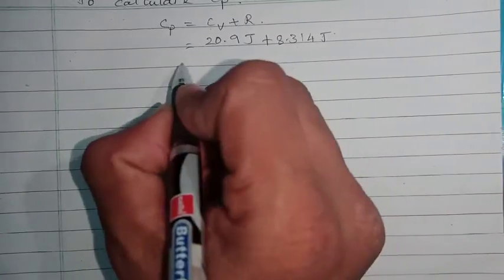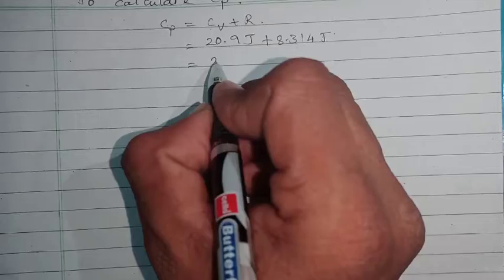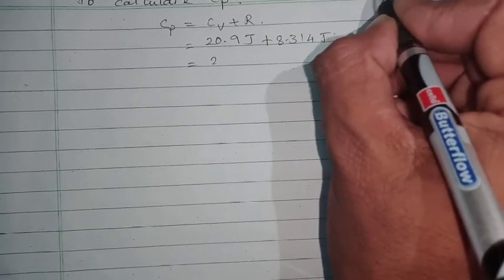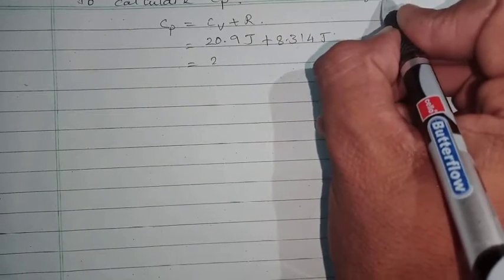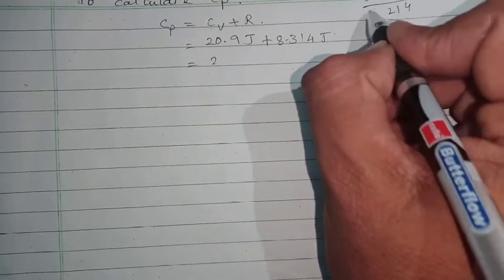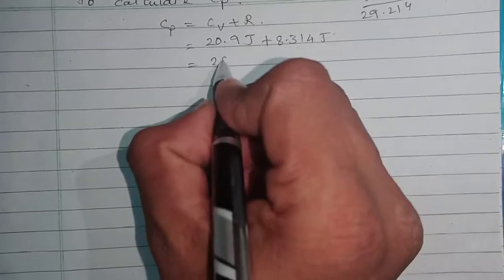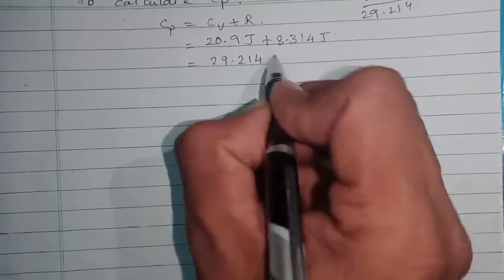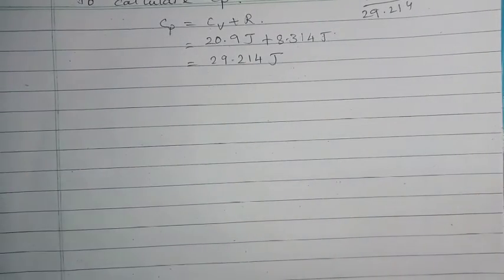Adding 20.9 and 8.314, we get 29.214 joules as the CP value.